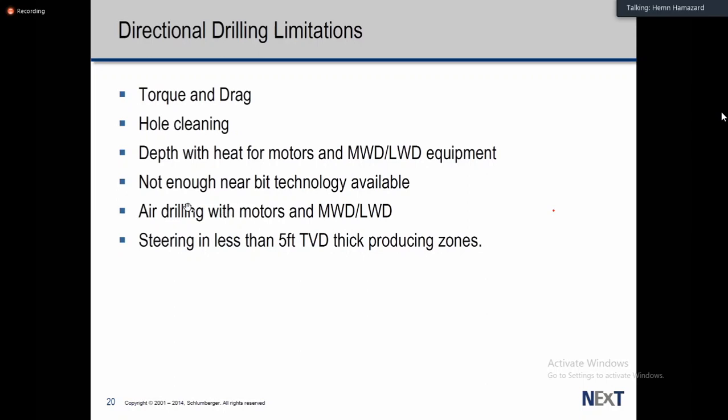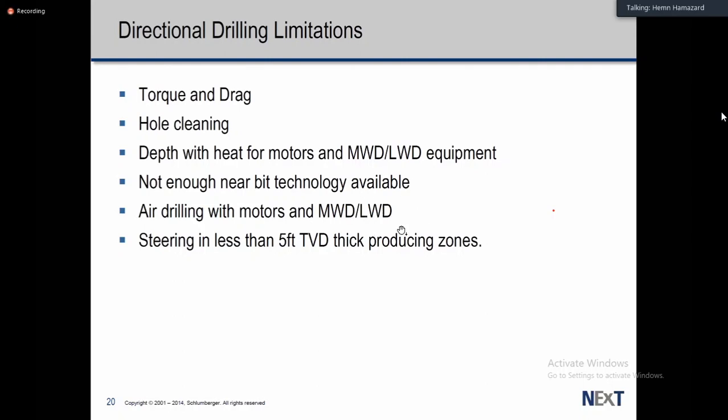Of course, like we said yesterday, all the directional tools, MWD and LWD, take advantage of two things from the mud. First, the mud powers up the tools. It gives the power for the battery and everything else. And also it gives you the pulse, so you can read the LWD data.